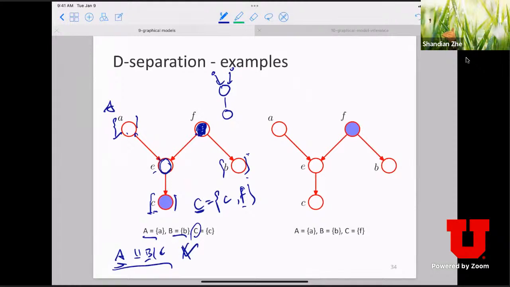This is different from the head-to-tail and tail-to-tail structures. As long as you have an intermediate node which matches the head-to-tail or tail-to-tail structure, that node, as long as it is shaded or observed, then it is blocked. But for the head-to-head structure, there is a special thing here: if you want D to block this structure, you have to ensure all of its descendants are not observed. It's kind of opposite to the other two basic structures. That's something a little bit subtle here.